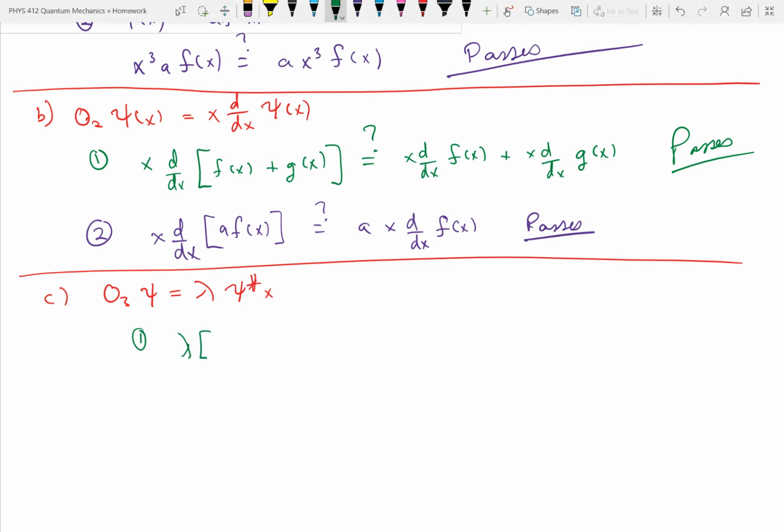Or do we have to change that to fit? You're going to put the conjugate here. Okay, that makes sense.